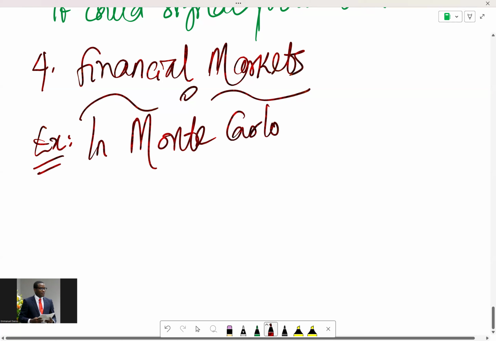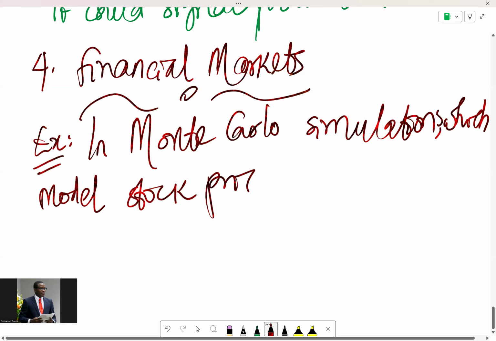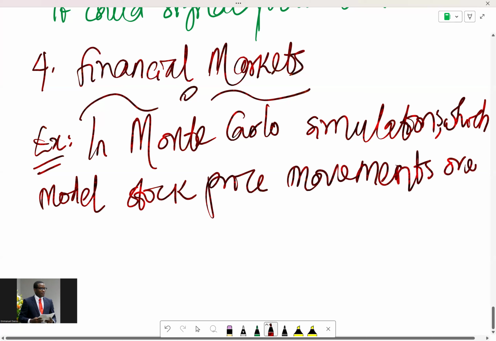This is a very popular thing. Monte Carlo simulation, which models stock price movements over time.